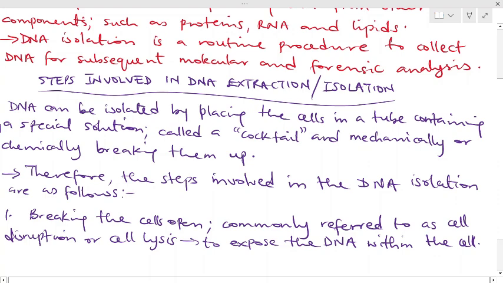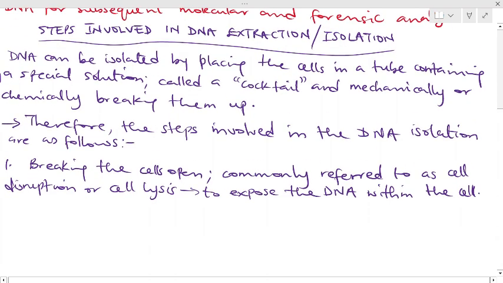Exposing the DNA within the cell by breaking it up, and we said this can be done through a mechanical or chemical process. How is this breaking of the cell achieved? It can be achieved in different ways.